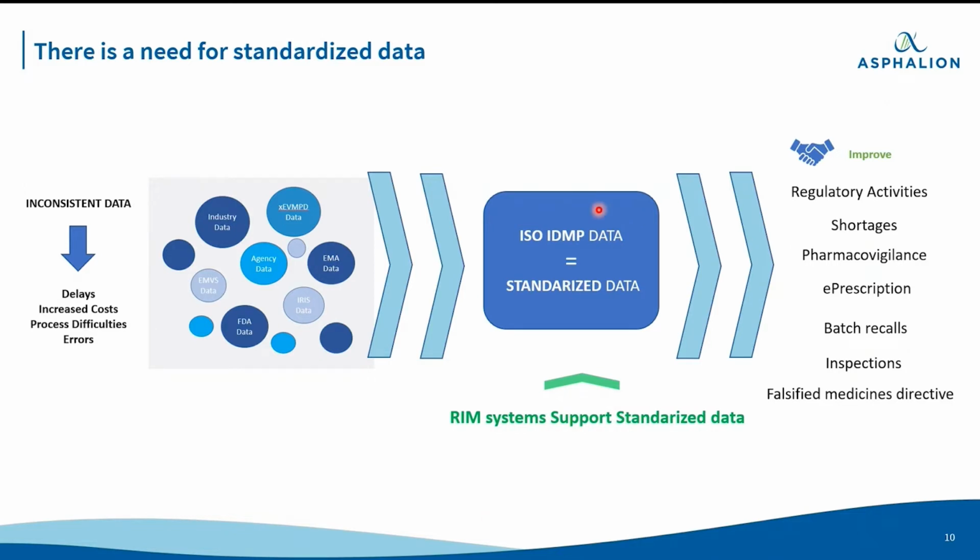And this is exactly what ISO IDMP is looking for, to have standardized data in order to improve all of these processes. And most RIMs, if not all by now, are supporting this standardization and they are following these ISO IDMP data standards.